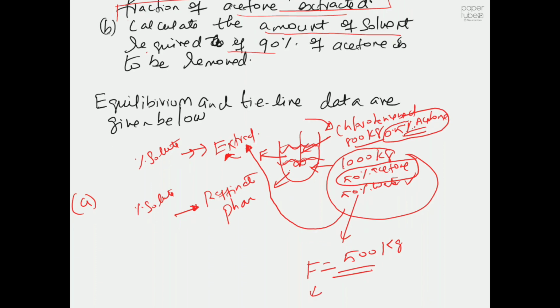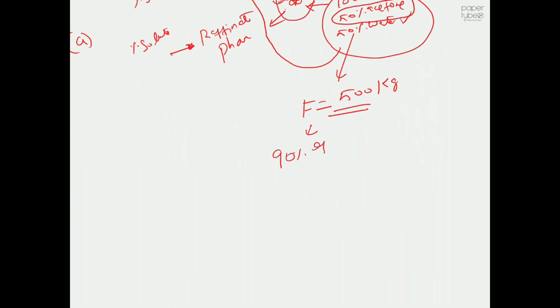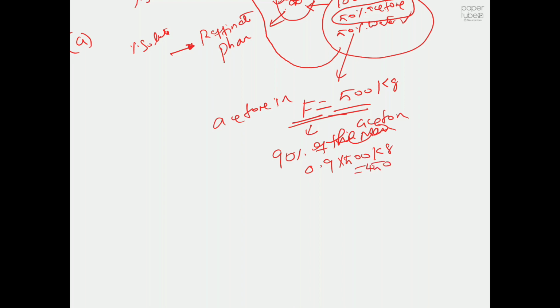And if you need to remove 90% of acetone, so acetone in feed is 500 kg, what is that? It's 0.9 multiplied by 500 kg. That will be equal to 450 kg, I think.